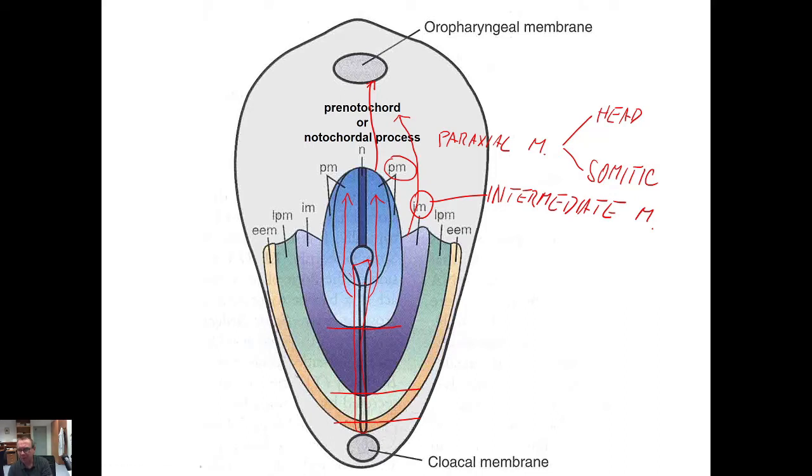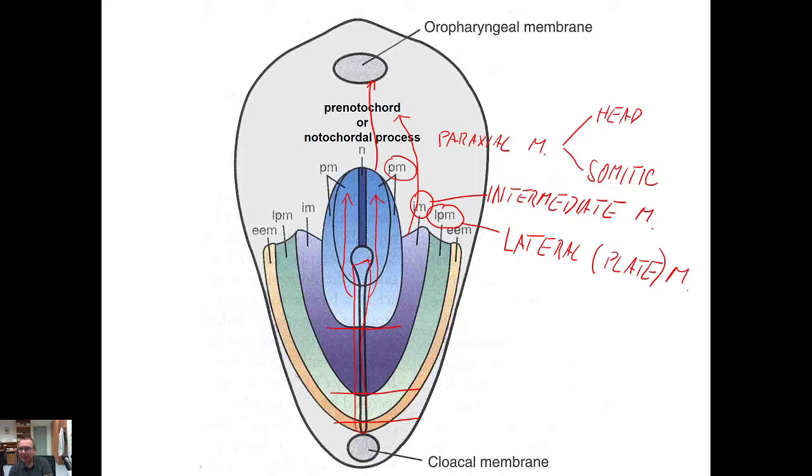Then we have this green part of the mesoderm developed from the caudal end, not the very end, but almost the end of the primitive streak. It's abbreviated LPM, which means lateral plate mesoderm, or you can also simply use lateral mesoderm.